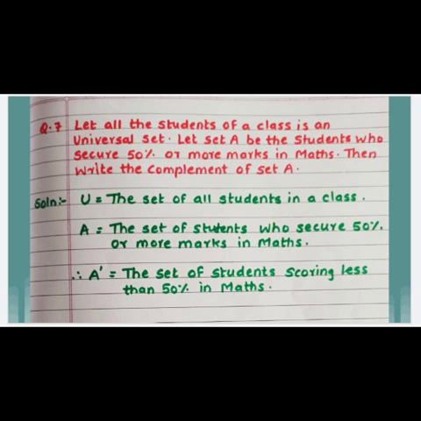Capital U means the universal set, the set of all the students in a class. Then capital A is the set of students who secure 50% and more marks in maths. That means the complement of A is what? The students who secure less than 50% in maths.